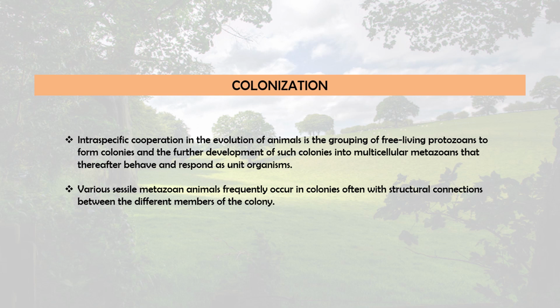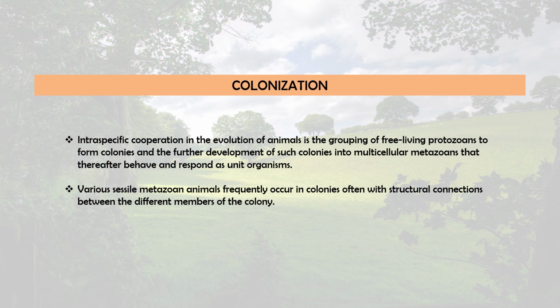Sessile means those that are stuck to the substratum or cannot move. The various sessile metazoan animals frequently occur in colonies, often with structural connections between the different members of the colony.